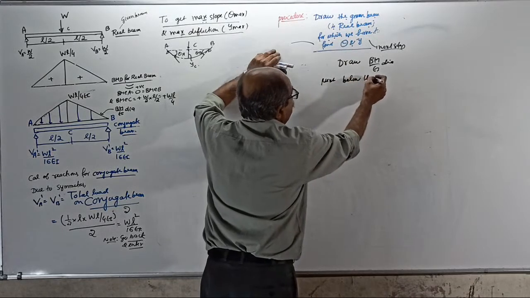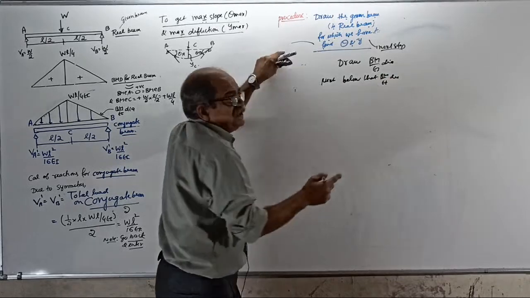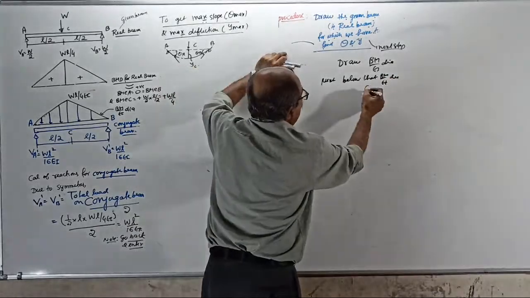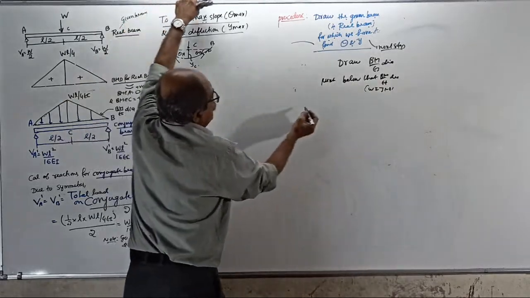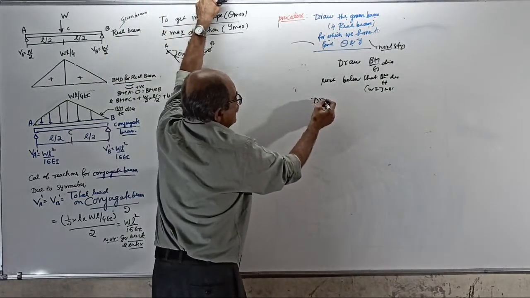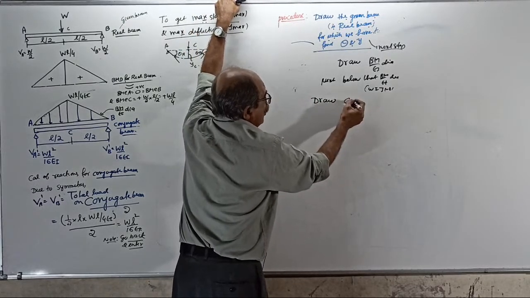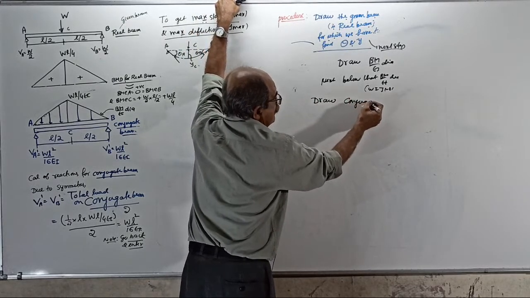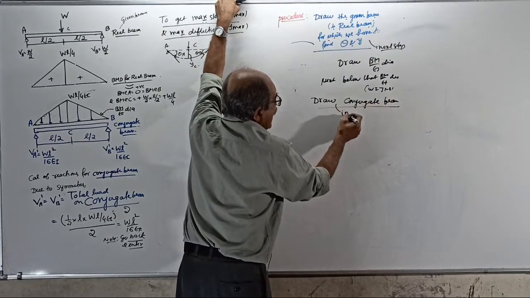Next step. Below that BM by EI diagram, which is just now drawn, below that diagram, draw the conjugate beam, which is pure imagination.